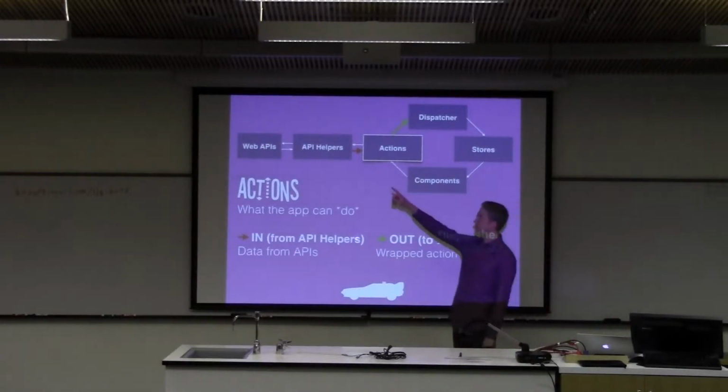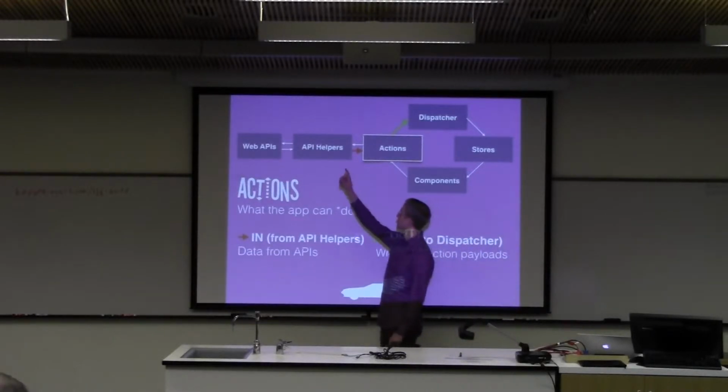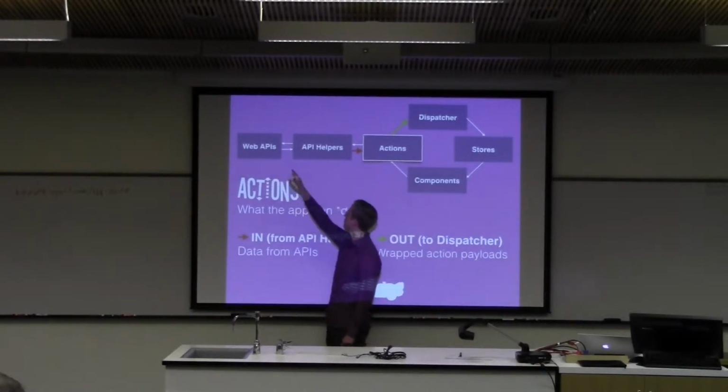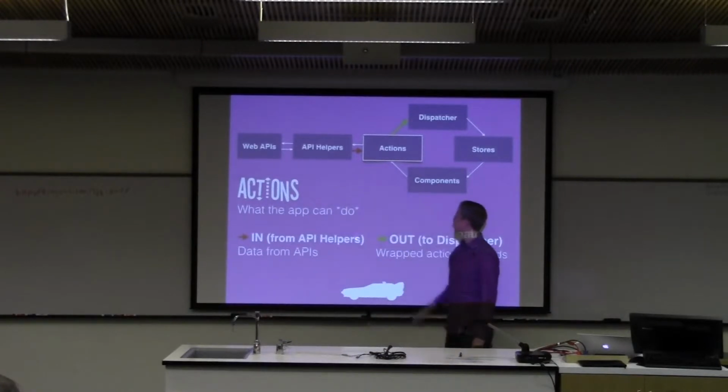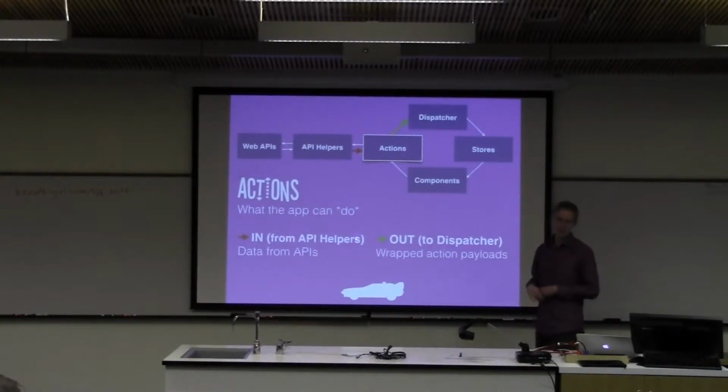OK. When an API has a response back, like when the API helper has said, I've been able to make contact with the web API and I'm coming back, it's actually going to hook back into some sort of action. It'll be a different action, usually.